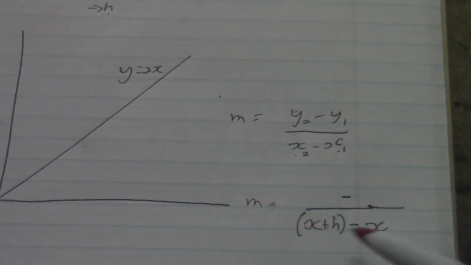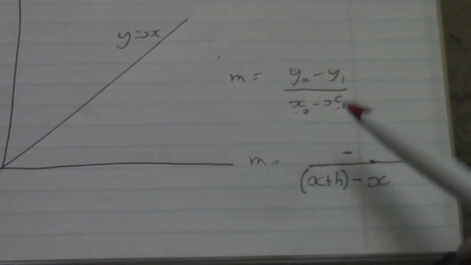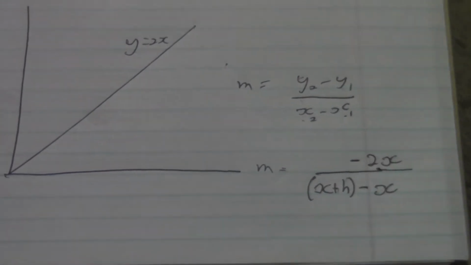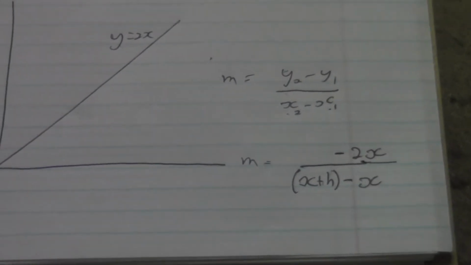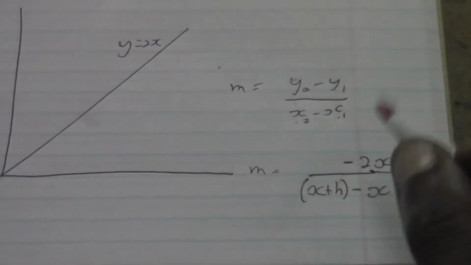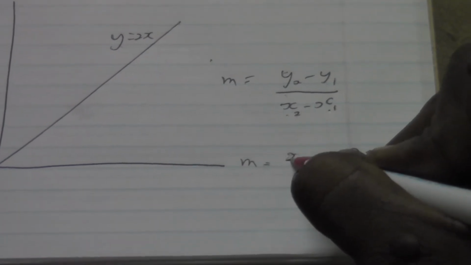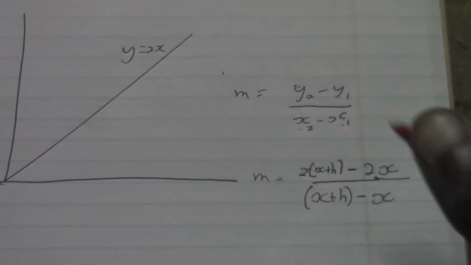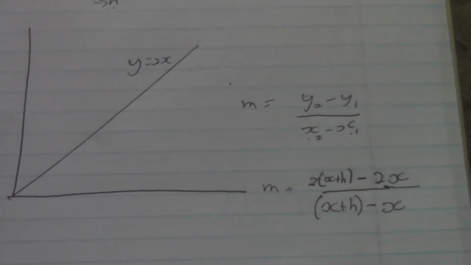So whatever the first x is, if x is 4, it's just 2 times 4, 8. So y1 is just 2 times the first x. y2, on the other hand, is still 2 times x, but this time the x is a little bit bigger, so y2 is 2 times x plus h. It is still an x value, but just a higher x value, because h represents the small increase in x. As simple as that.